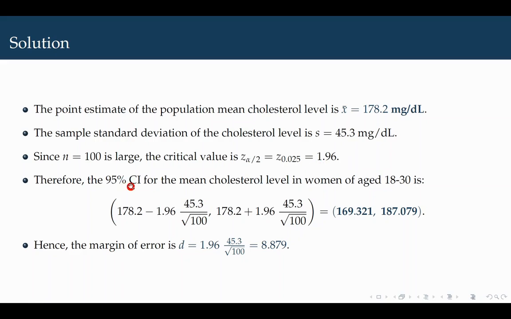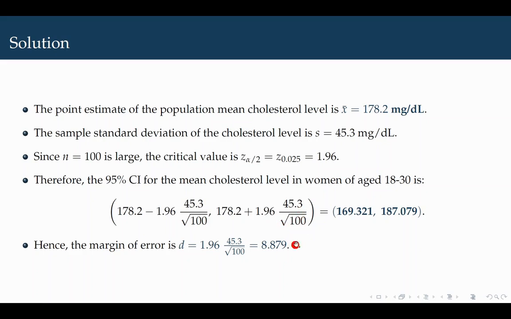So the 95% confidence interval for the population mean cholesterol level in women aged 18 up to 30 becomes 169.321 and 187.079. So the half width of the interval is nothing but this one, 1.96 times 45.3 divided by root of 100.